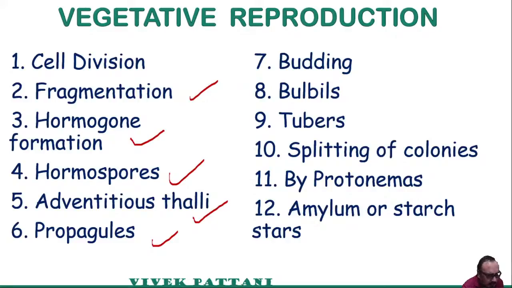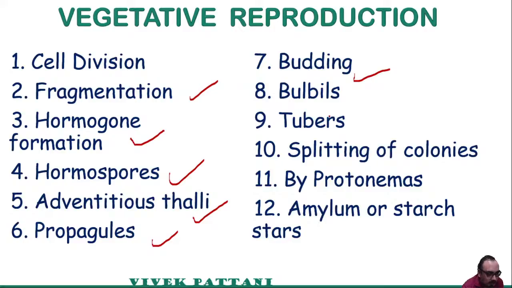Okay, it's very simple. Budding, again a very easy one. It is due to vegetative proliferation, where a bud develops, and due to the budding of the vesicle, a complete thallus is formed.